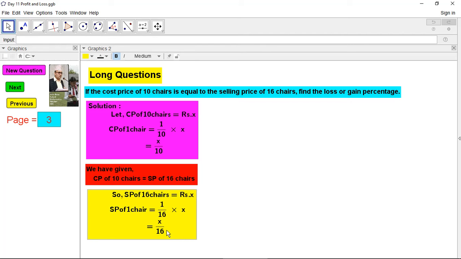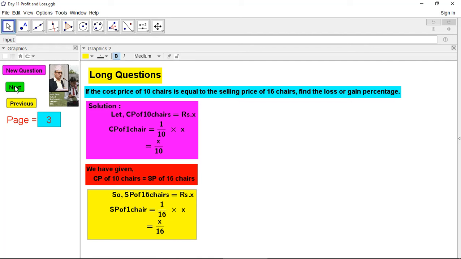You have studied in grade 4 or 5, I believe. x by 10 is greater, because if x is 100, then x by 10 will be 10, and x by 16 will be less. If the numerator is same, the fraction having the smaller denominator will be more. That's the concept.